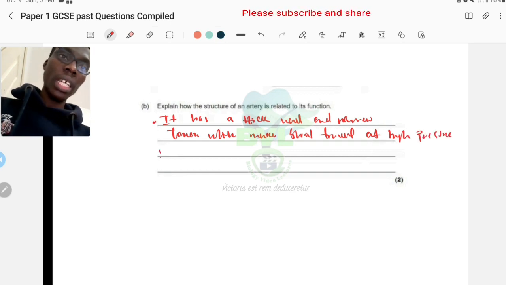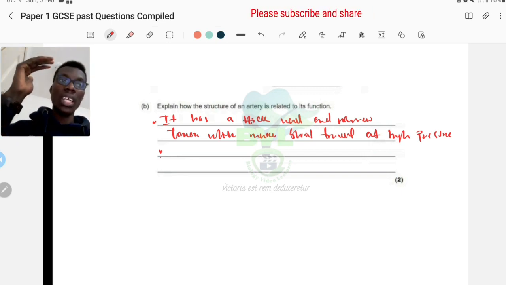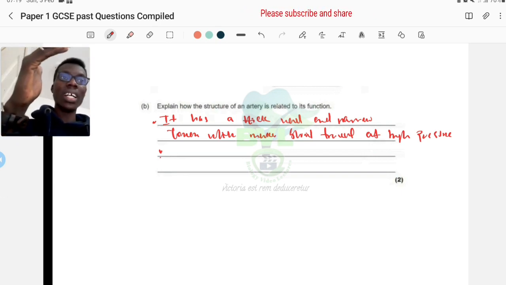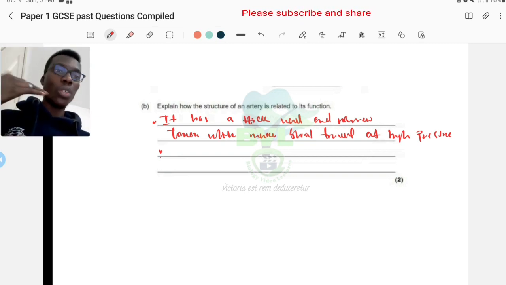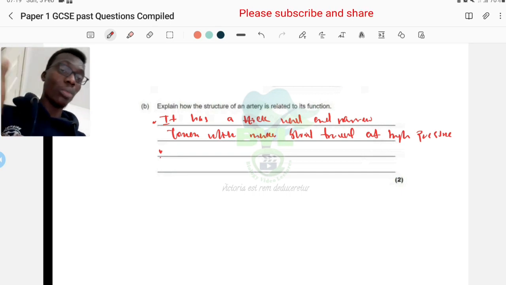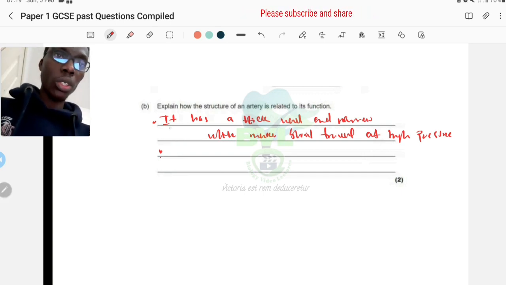Next point. Sometimes it may even be stated as thick with a narrow lumen, which makes blood travel at high pressure. This is the lumen.